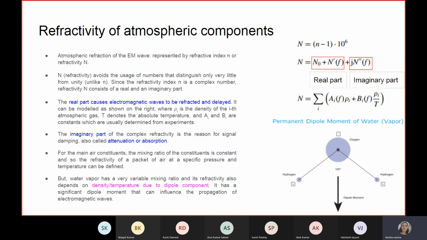Some amount of atmospheric refraction is happening, which is represented by the refractive index, small n. The values of small n for different types of atmosphere, or different regions all over the world, will be very close to each other.